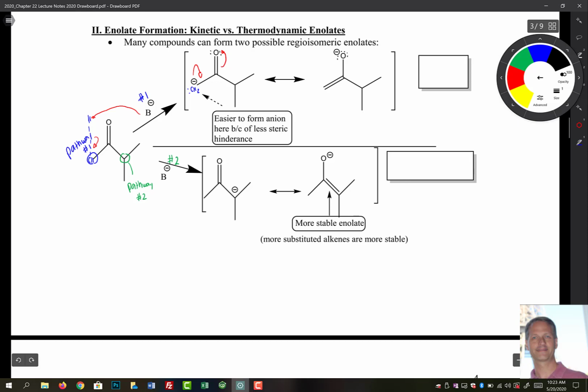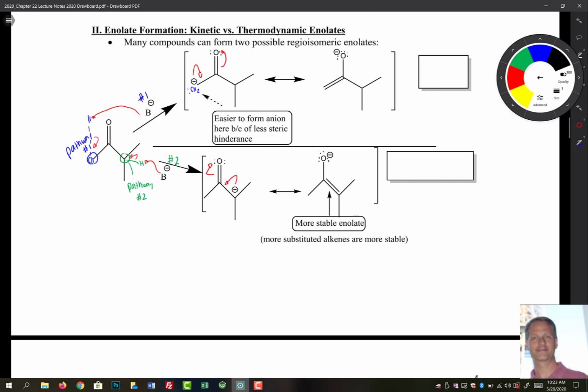The second possibility is that our H from over here gets pulled off with our base. That would give us a negative charge at this tertiary position, and then we would have, again, another resonance structure here with the oxygen bearing the burden of that negative charge.